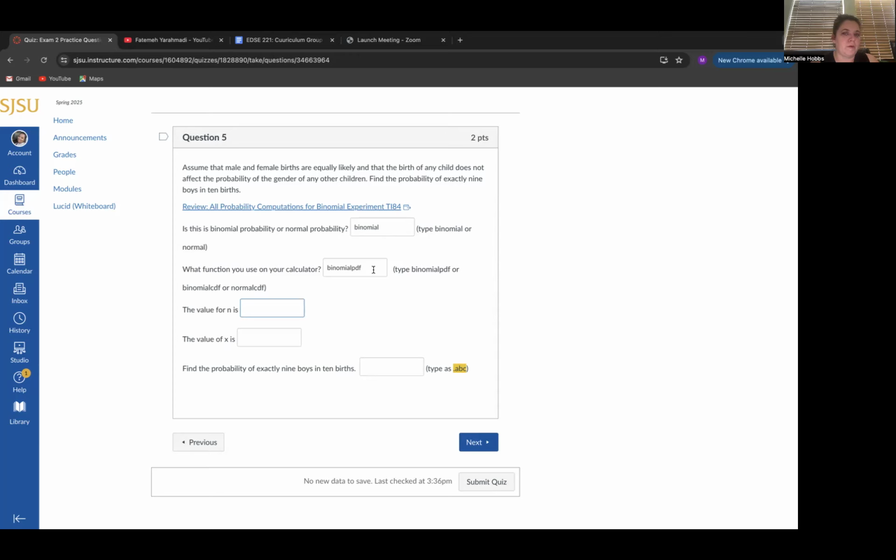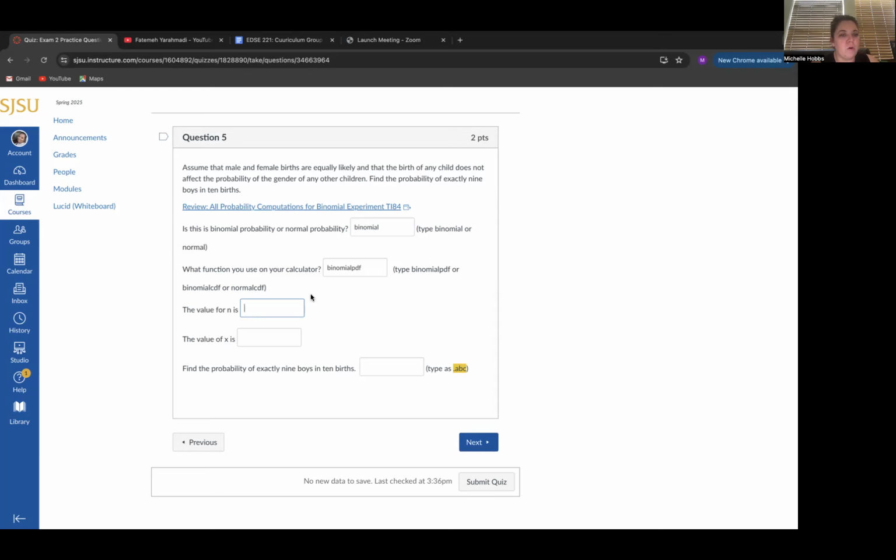Find the probability of exactly 9. What function do you use on your calculator?